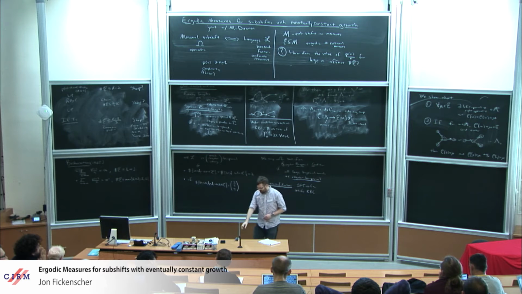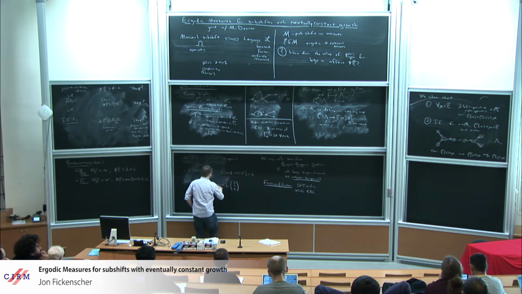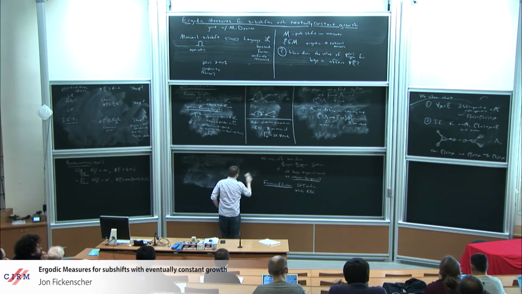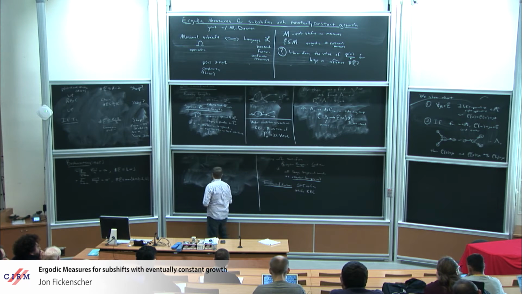Well, this tells us then that if, for instance, in our original version of our proof, when we were trying to show k minus 2, we see that some structure arises if we have too many measures.